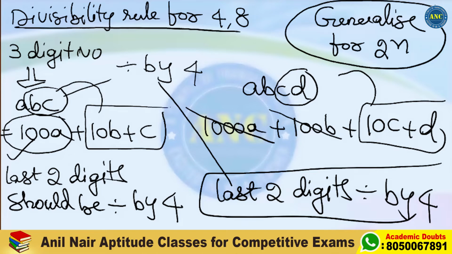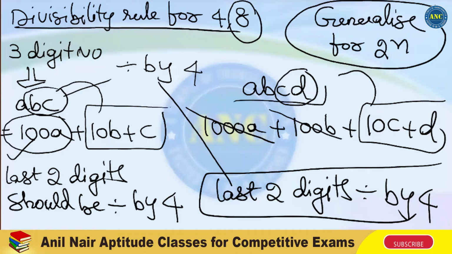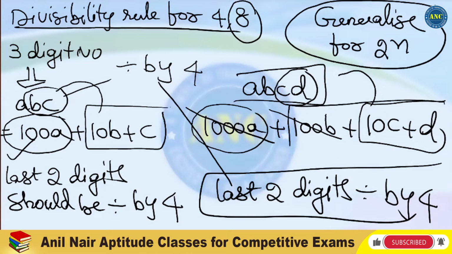Now, a very important conclusion. I will do it after I discuss the divisibility rule for 8. If I take the divisibility rule for 8, suppose I take ABCD, 1000 is 8 into 125. That means this part is divisible by 8. Now I want to optimize a few things.